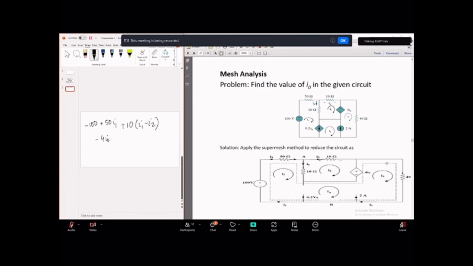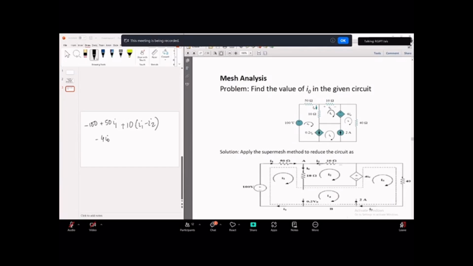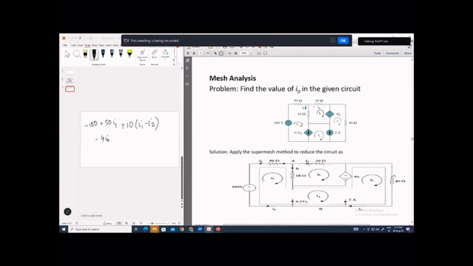Again, moving in clockwise direction, the next element you will encounter is this 40 ohm resistance. What is the current flowing through this 40 ohm resistance? That is I3. The only current flowing through this 40 ohm resistance is I3. Based on our assumption that may be wrong, but till now the assumption is I3 is flowing through this 40 ohm resistance, from top to bottom.